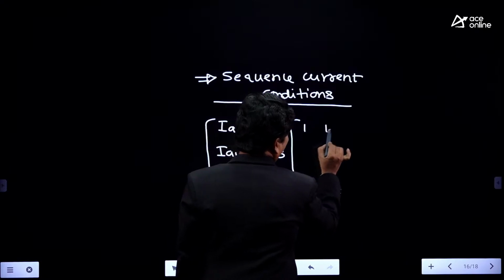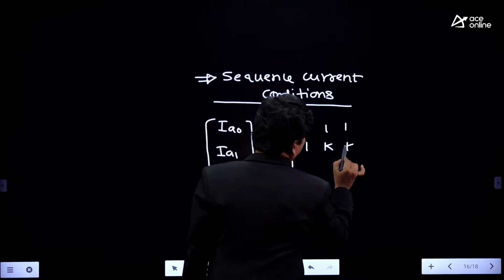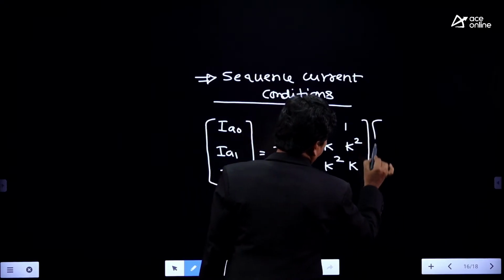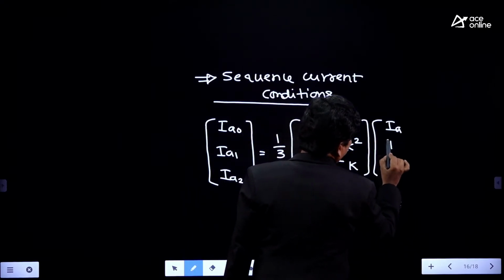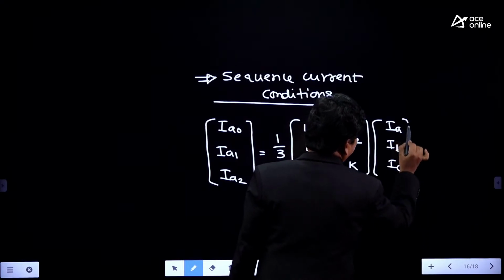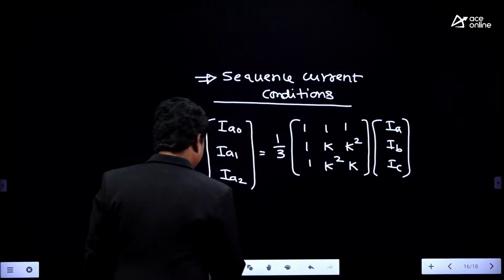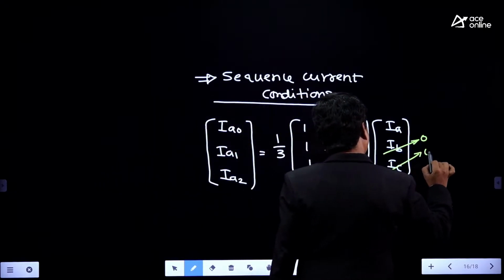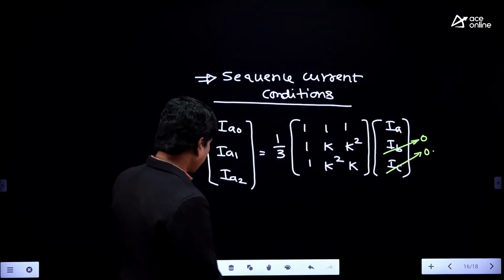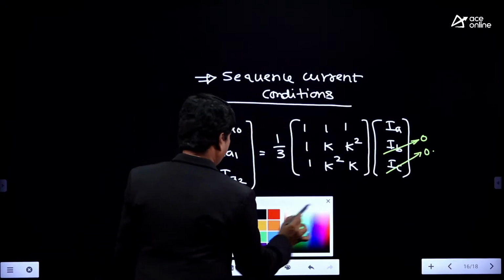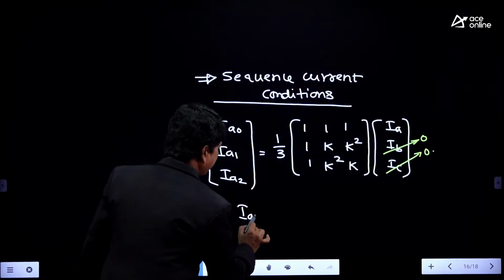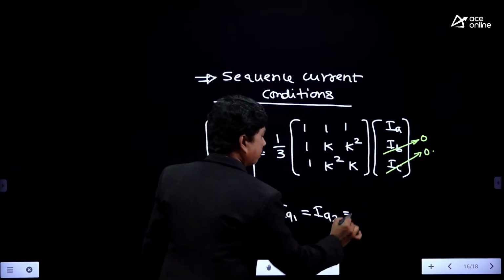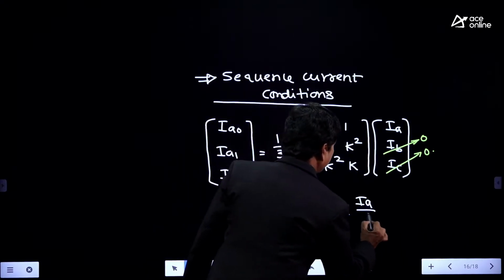We will see the matrix 1, 1, 1; 1, k, k square; and 1, k square, k, multiplied by IA, IB, IC, right? And we know IB is 0 and IC is also 0. Therefore, we can directly write IA0 = IA1 = IA2, all exactly equal to IA by 3.